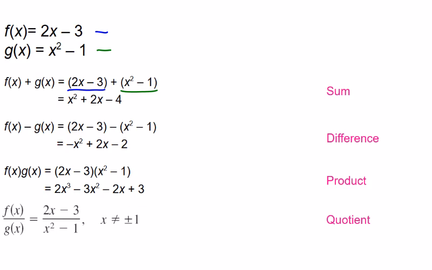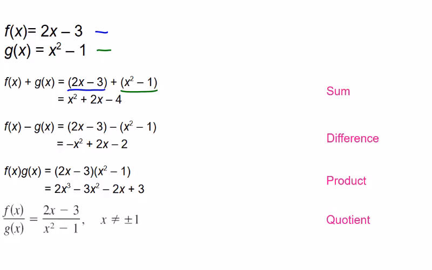And then we would combine like terms here. We have the negative 3 and the negative 1, so that's how we get to the negative 4. And the x squared doesn't have a like term, so that goes to the front and is our leading coefficient, and then the 2x just comes right behind it, okay? So that's an example of using the sum way to combine functions.